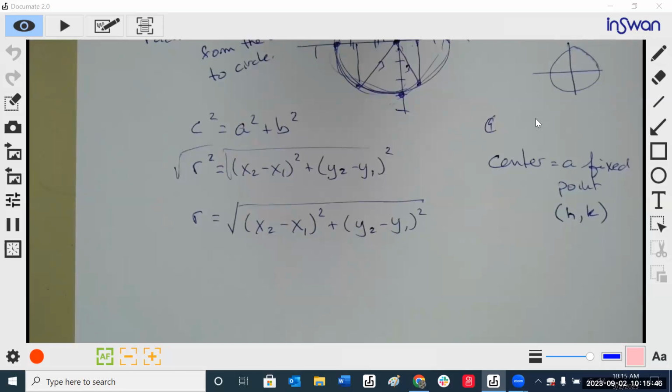So whenever we talk about (h, k), we're talking about the center point of our circle. These are the same as our x1, y1 points.